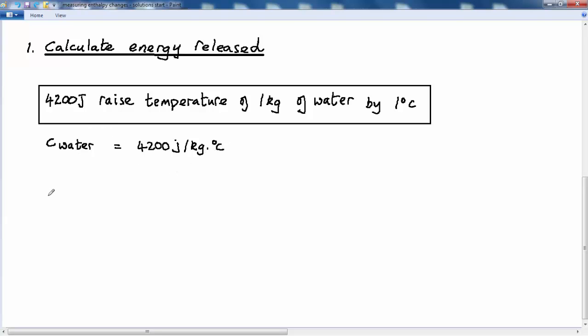Okay, so what we want to do then is work out how much energy was involved in changing the temperature of our mass of water in the beaker by 8 degrees Celsius. So we use the energy specific heat equation.